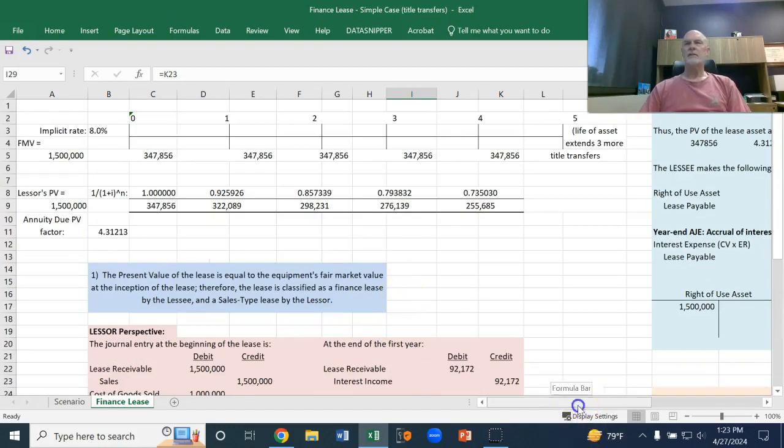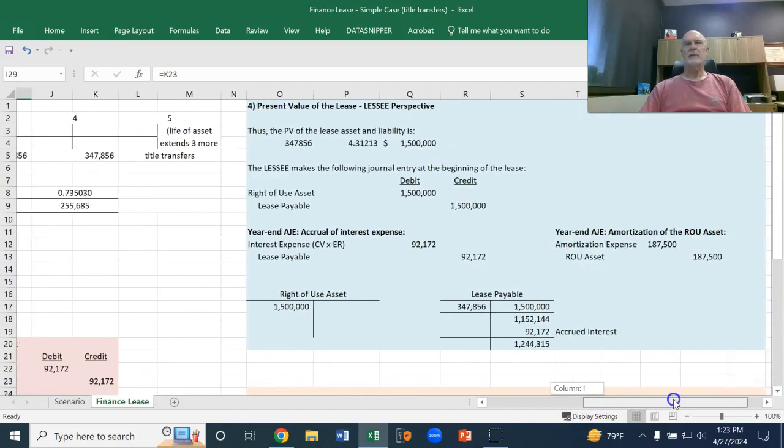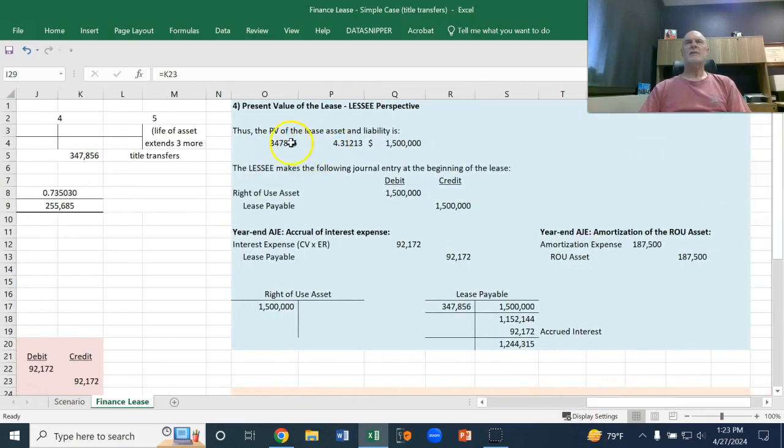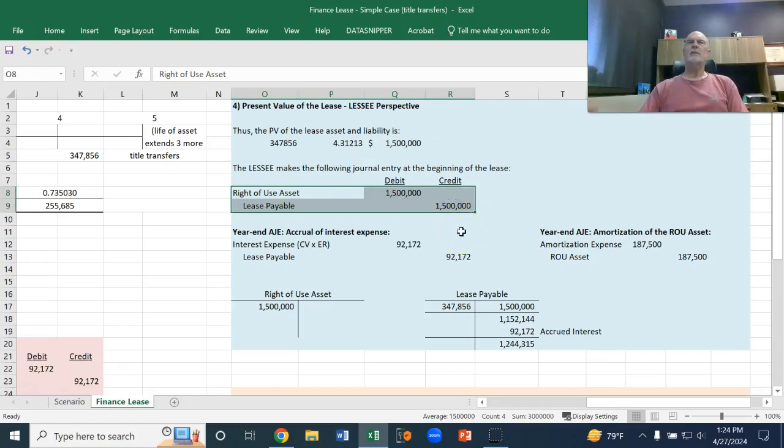Now the lessee, let's look at it. The lessee, again, has a present value of $1.5 million. They're going to use the implicit rate of the lessor if they know it. If they don't know it, they'd have to use their incremental borrowing rate, but we do know it. So we're going to record a $1.5 million purchase, debit a right of use asset, and credit a lease payable for $1.5 million.